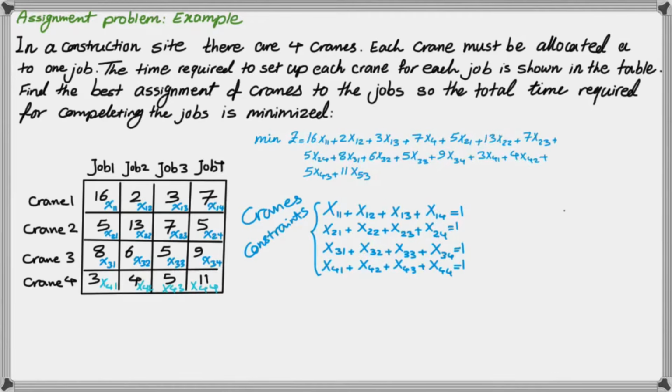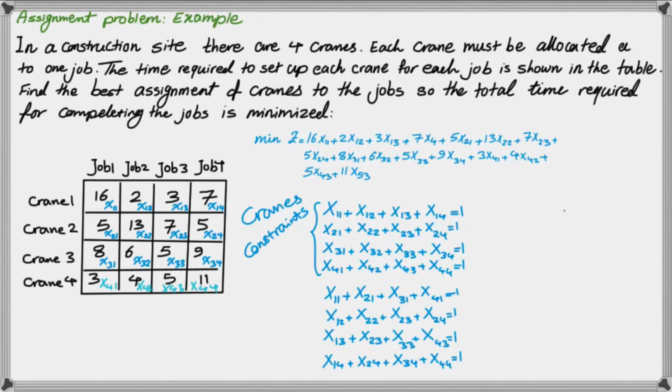Also, for each job, I have to make sure that I'm not allocating it to more than 1 crane. So for each column, I also have to write 1 equation and enforce that one of those x's in each column becomes 1. You can think about it like a Sudoku game. You're trying to put four 1s in this table so that for each row and each column, the summation is exactly equal to 1.